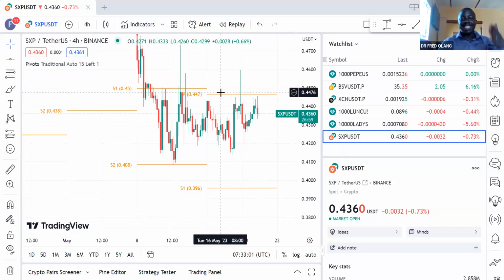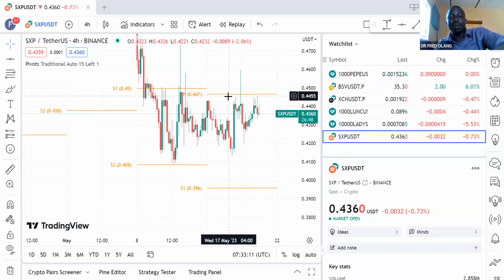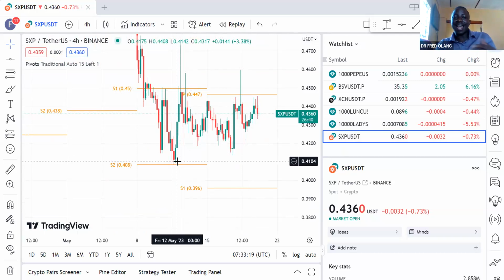Pivot means a turning point, like the pivot in physics. At this point, if we are below it, we are most likely to go down. Then if we go down, the support is more likely to hold us.